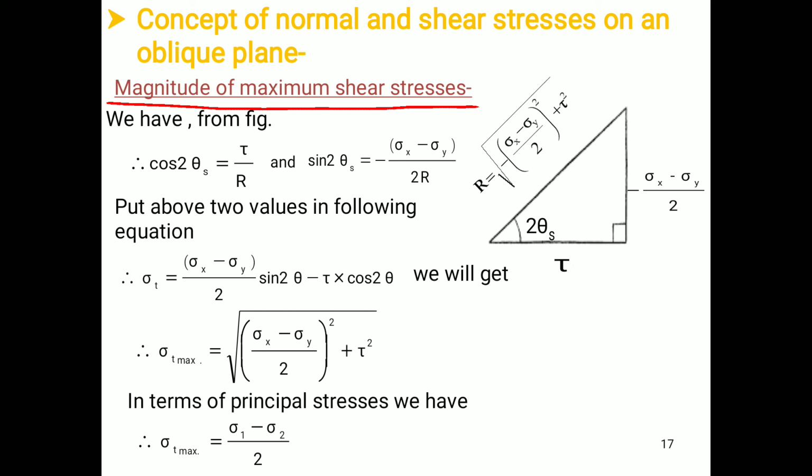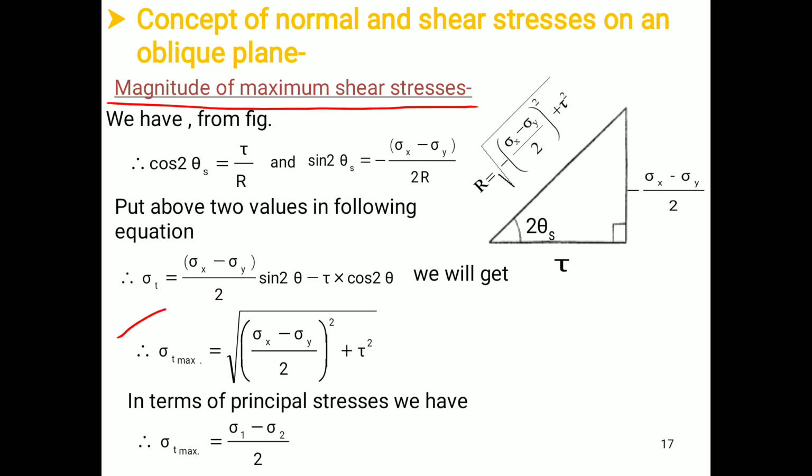The sigma t equation is: sigma t is equal to sigma x minus sigma y by 2 times sin of 2 theta minus tau times cos of 2 theta. If I put the values of sin 2 theta and cos 2 theta from this diagram, I get the maximum value of shear stress.